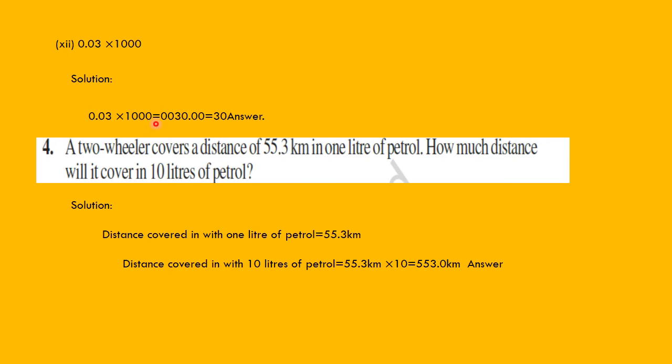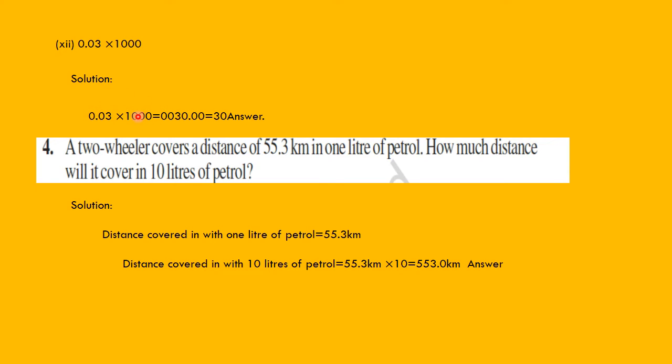Whenever you are multiplying it by 10, 100 or 1000, you are going to add zeros to the right of the number. So to 003, we have added 3 zeros to the right. And where do we have to keep the decimal place? The first number has 2 decimal places and the second number has no decimal places.